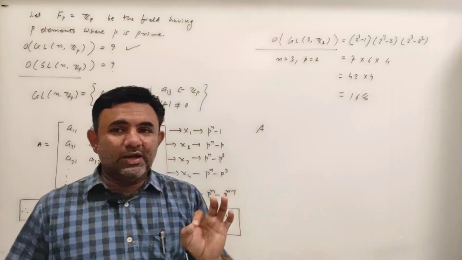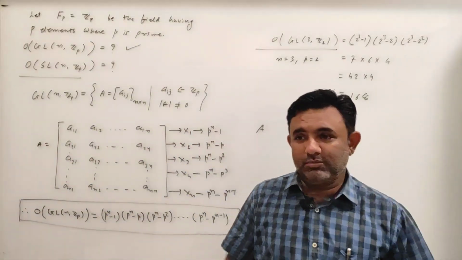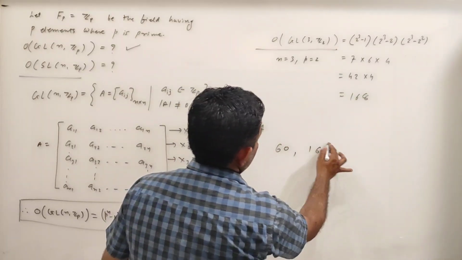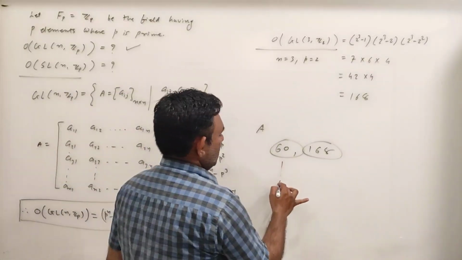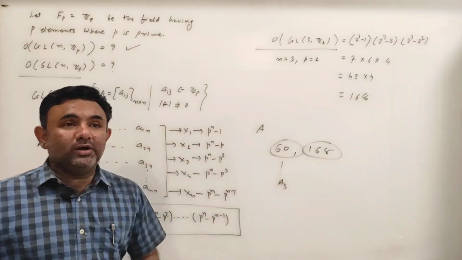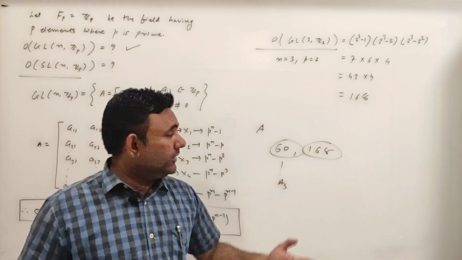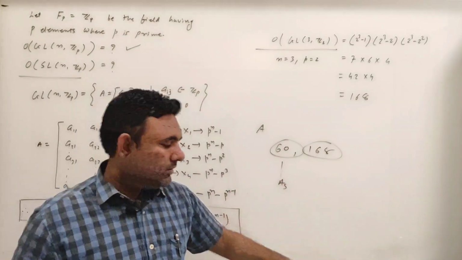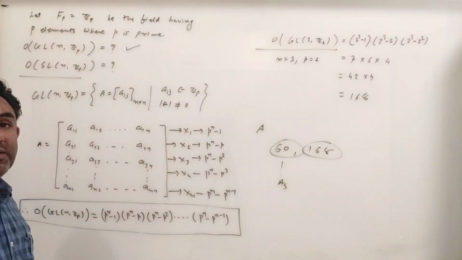And see, 168: between 1 to 200 there are two very important numbers, 60 and 168. 60 is the order of A5. And a group of order 168, is it simple?